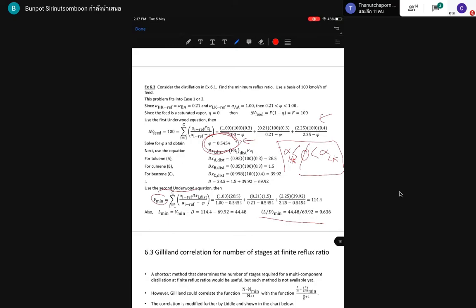But not all of the answers can be used. Only the value between alpha of the heavy key and alpha of the light key. So you have to be careful when you solve for phi. This is probably the trickiest part.